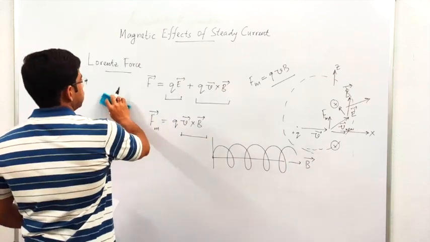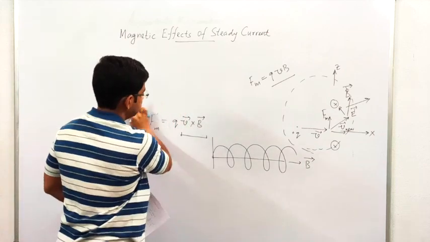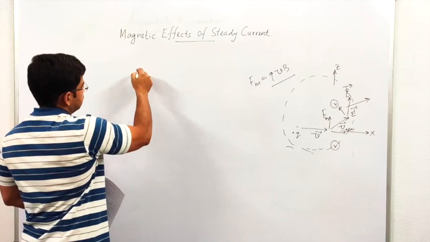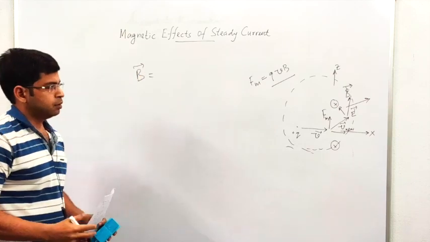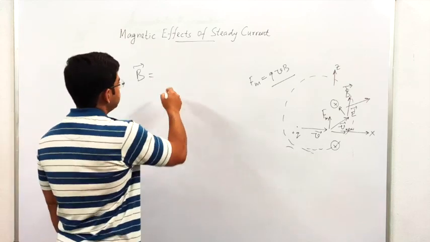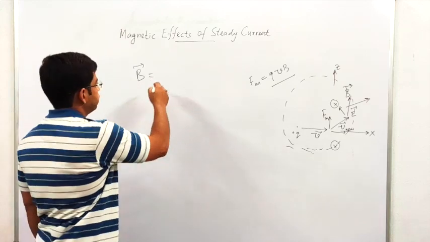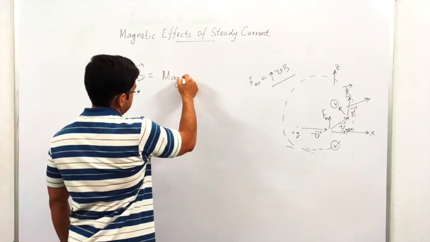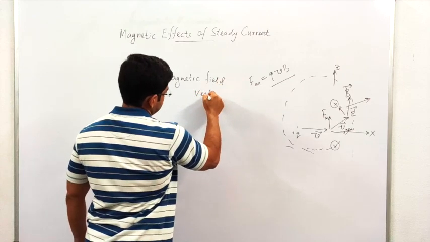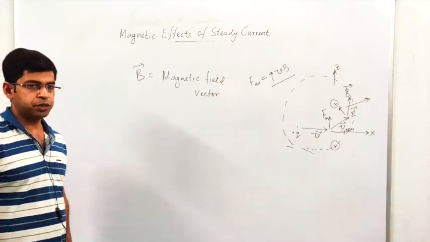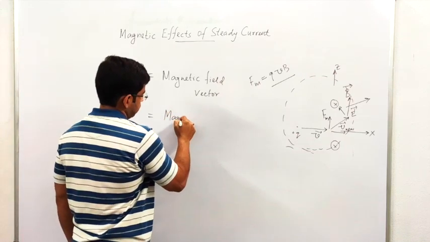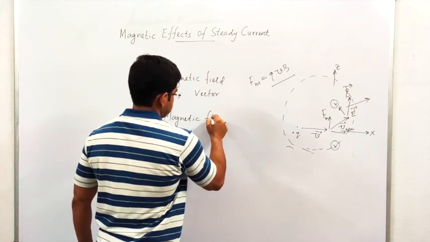Now we have already started using the symbol B, so let's mention the terminology that we normally use for B. It is loosely often called the magnetic field vector, while in more specific terms, B is called magnetic flux density.